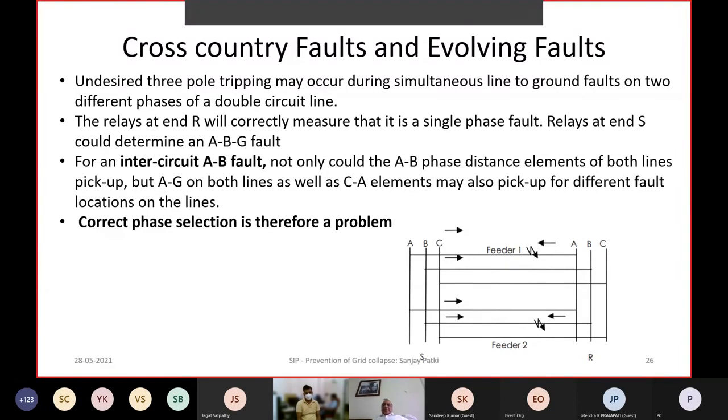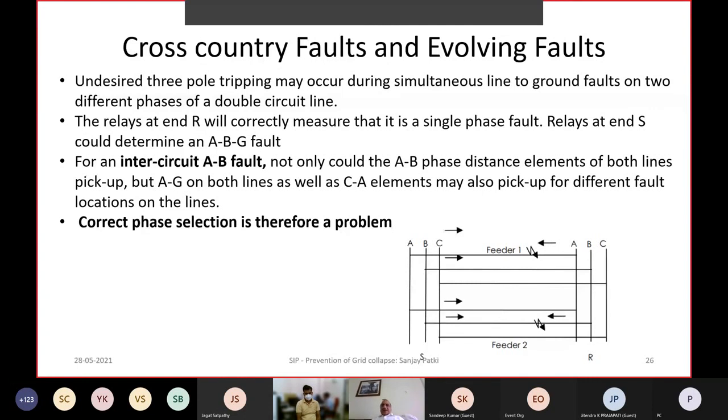As far as the distance relay is concerned, there is an algorithm. First, there is a measurement which decides which phase is faulty. Accordingly, it chooses the voltage, current and polarization voltage, which does the directional detection. Now, in the meantime, the fault goes to, say, the next phase.